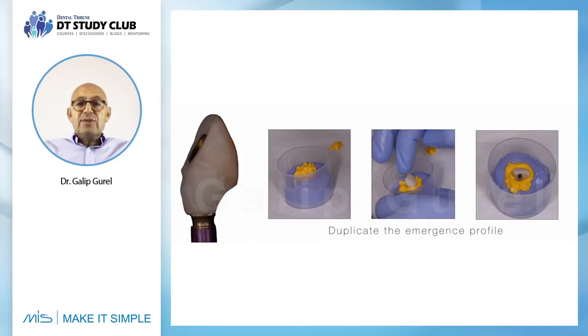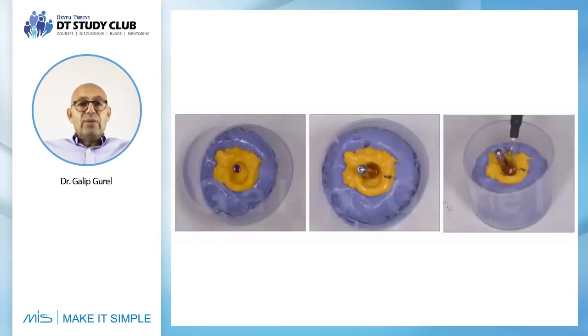So what I do is I just fill a tray with a light body and heavy body silicone, dip this thing all the way into this socket, and simple enough, when it's set and when we take this out, look what happens in this socket.